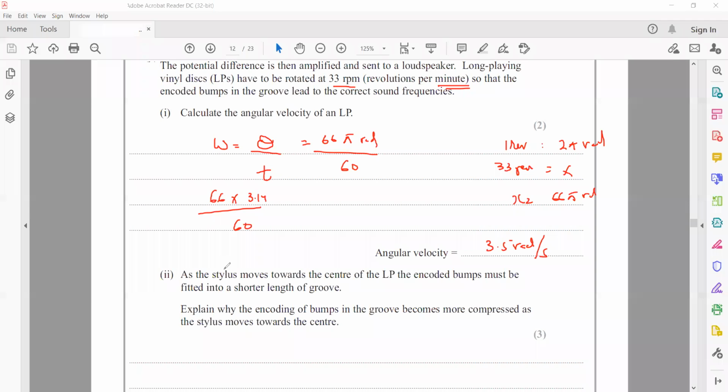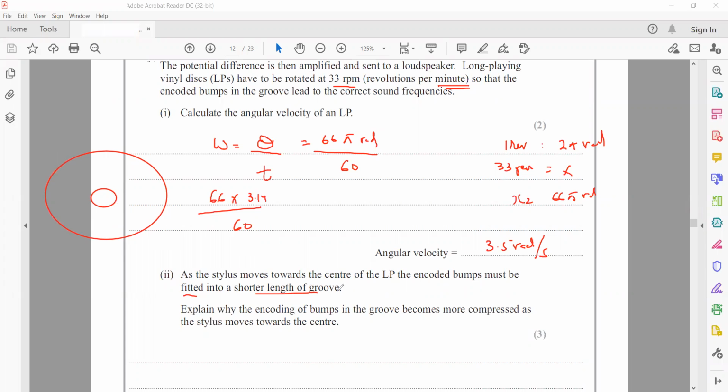Then, as the stylus moves toward the center of the LP, the encoded bumps must be fitted into a shorter length. Like this is a vinyl disc. Not common now, these vinyl discs, but they were used to play music.